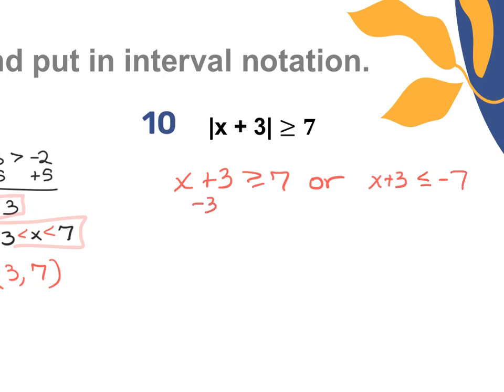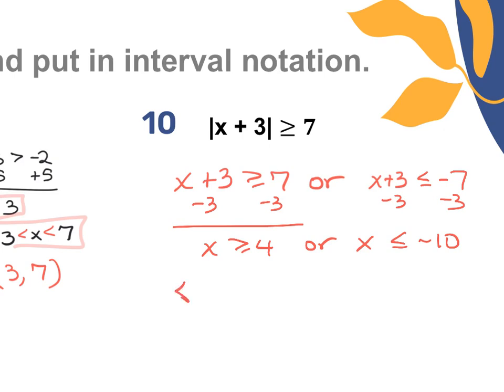Solve them individually. And again, remember when they're two separate inequalities joined by the word or, these are going to be pointing out in opposite directions. Again, we need to put it on our graph least to greatest. So the negative 10 goes first, then the positive 4.